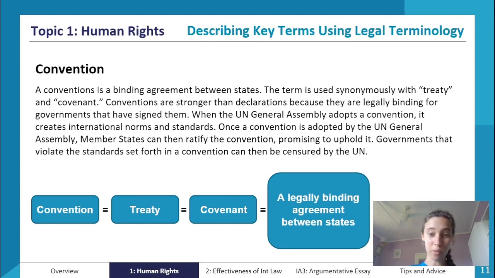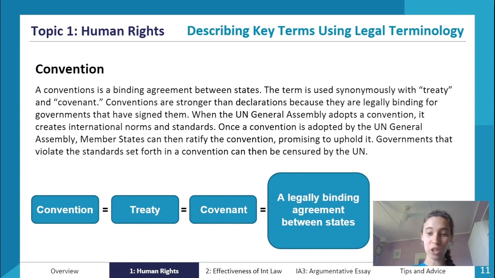If you declare something, meaning you say it out loud or in writing, that doesn't necessarily mean you're going to go through with it. You could change your mind. So conventions are stronger because they are legally binding, and it's a bit more serious, I suppose.